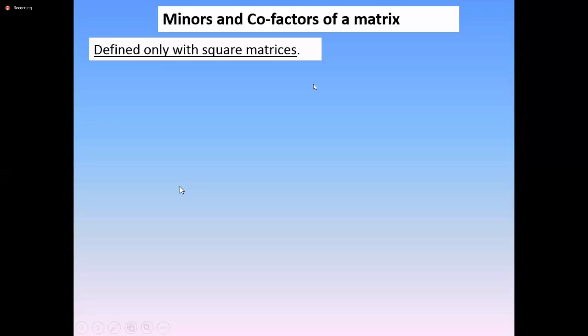So minors and cofactors of a matrix are defined only for square matrices. Minors. What is meant by a minor?